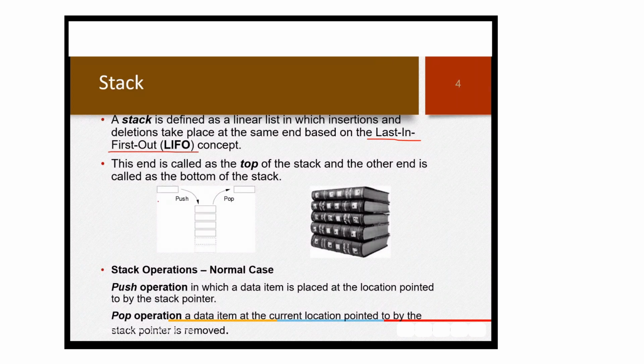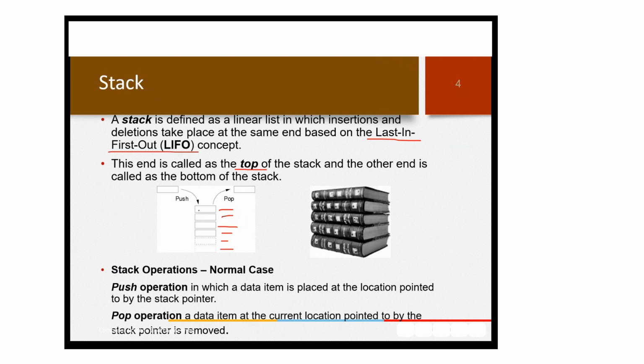Now, how do we take care of this insertion and deletion? So we need to have what is known as a stack pointer, or I call this as top. And you can see here we have many objects which are stacked. And you can see here two operations in order to insert or push any new element into the stack.